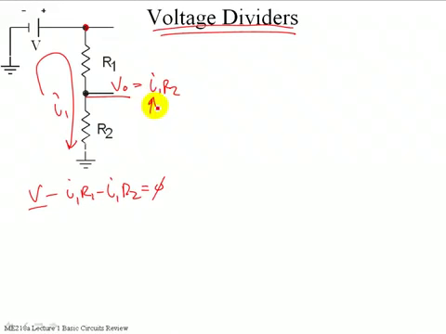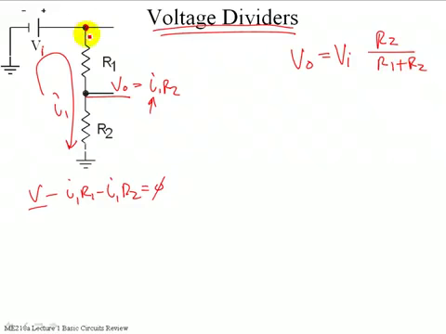And with that I, we can calculate what that voltage is. Let me summarize that. VO, if we pull all these things together, VO is going to be equal to VI, the driving voltage, times R2 over R1 plus R2.